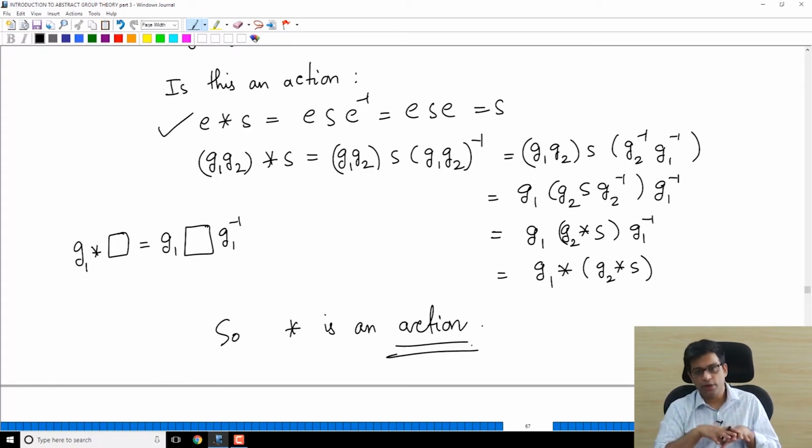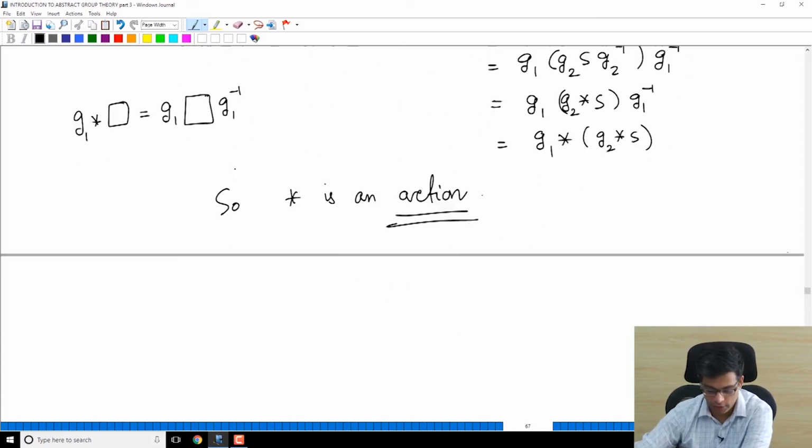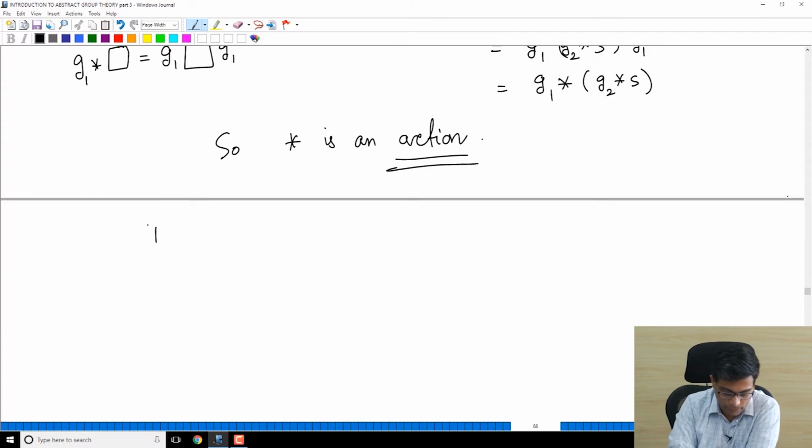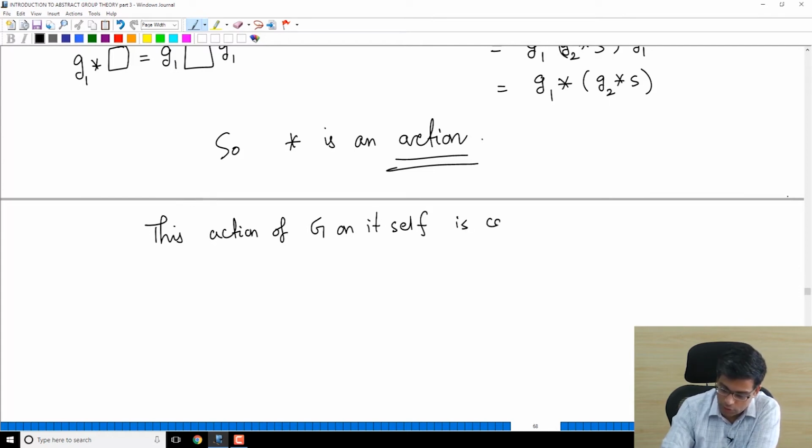Again, what I am doing is not a formality, okay? There is some content in this. Star is an action. The identity is okay, that is very clear, but the associativity required a small proof, right? So this action of G on itself is called the conjugation action.